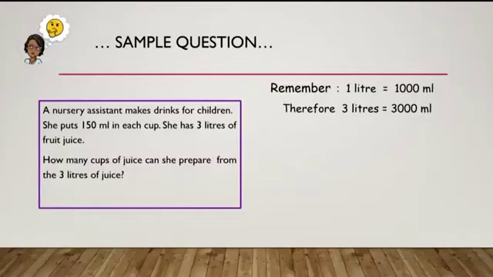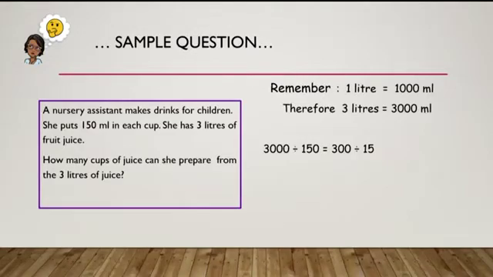So 3 liters would be 3 times 1,000, which would be 3,000 milliliters. The 3,000 milliliters is in the container, with 150 in each one. We could take away the 150 over and over again, counting each time you take it away. That's one way you could do it.